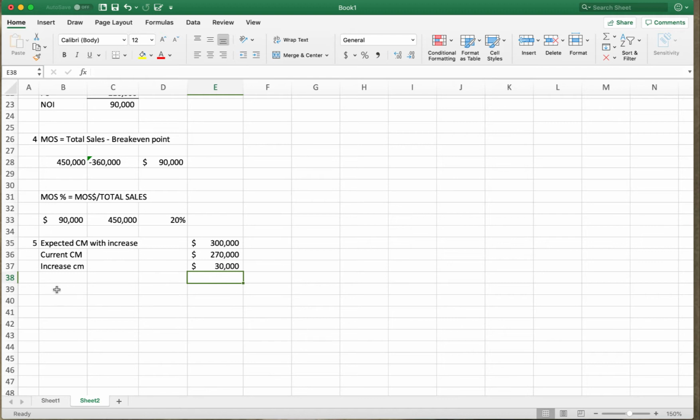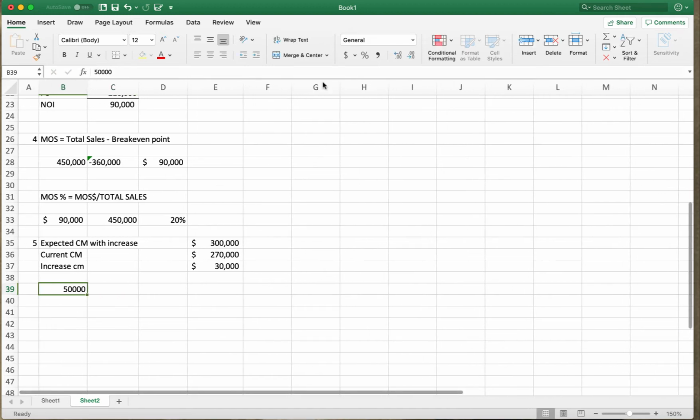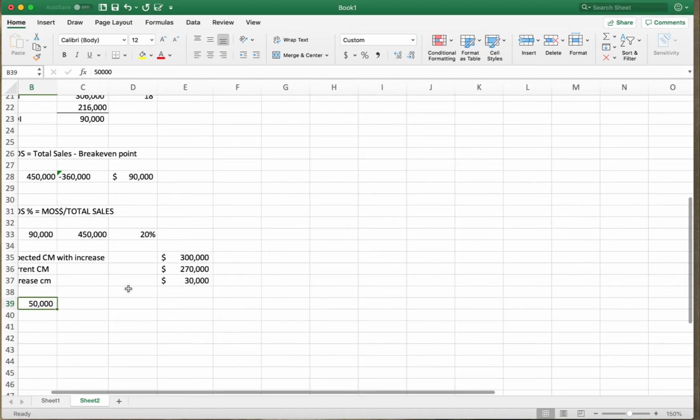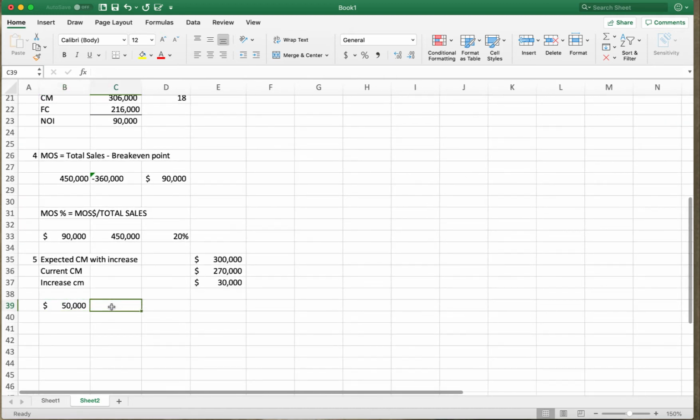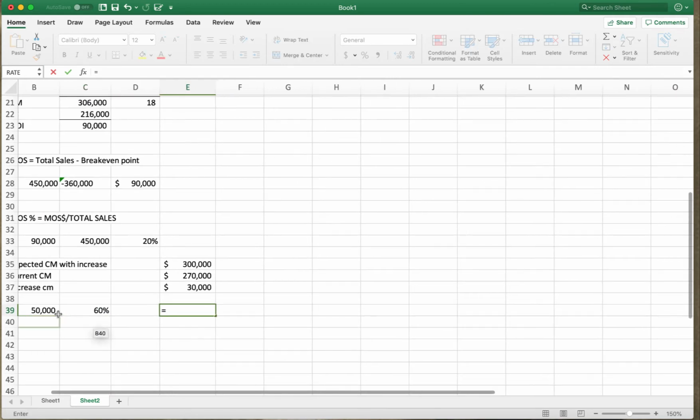So an alternative way we can do it is we could take just the increase of $50,000 times the contribution margin ratio of 60%. We'll turn that into a percent. There we go. So what then is our increase in net operating income?